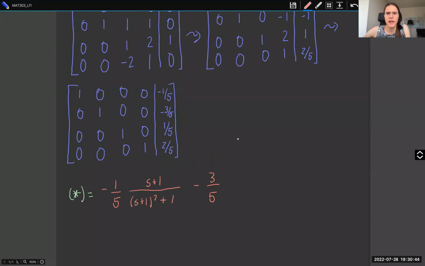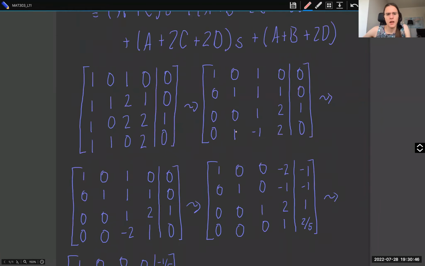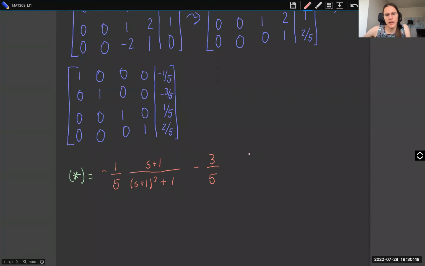That is what I copied down. 1 over S plus 1 squared plus 1. Then 1/5, and that's going to be S over S squared plus 1.